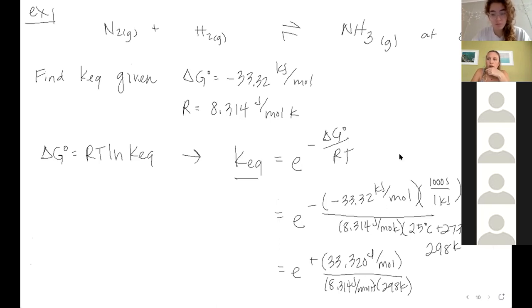Okay. So when you Google it, it's saying STP is defined as 273.15 Kelvin and 100 kilopascal or 1 ATM. But standard state conditions, standard ambient temperature is 25 degrees Celsius.